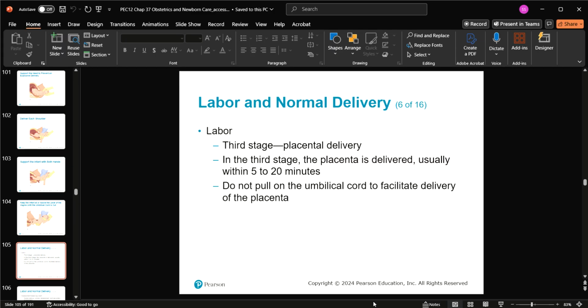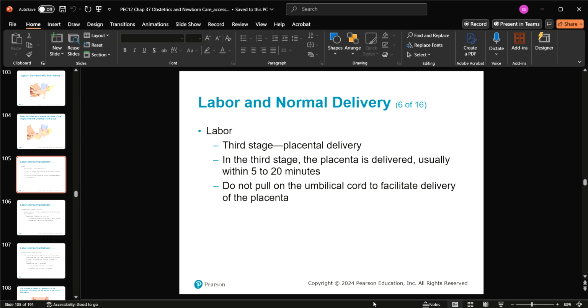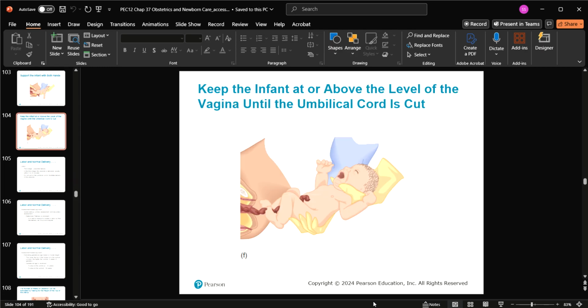So, the third stage with the placenta being delivered, I don't know if it talks about it, but let's talk about it real quick. When do we cut the cord? We don't cut the cord until the placenta has stopped pulsating. So once the placenta has stopped pulsating, clamp, cut.